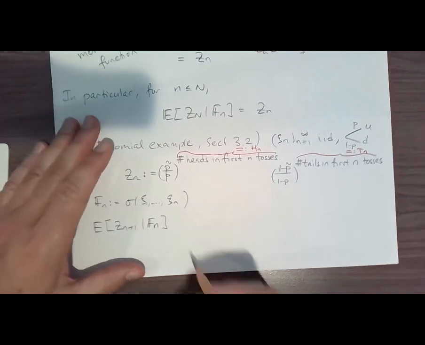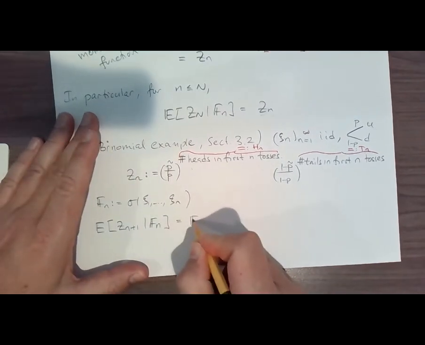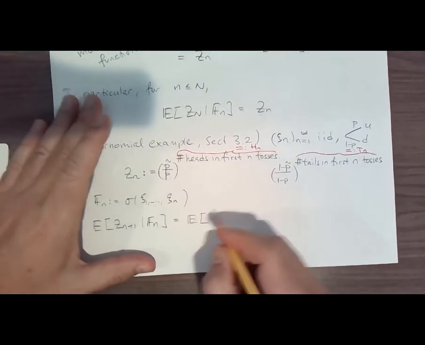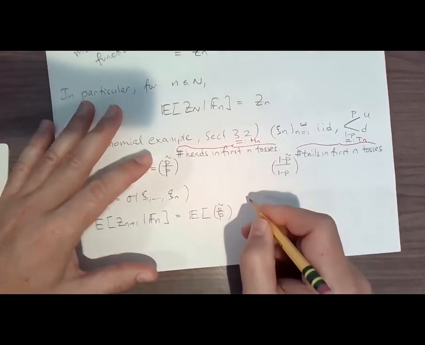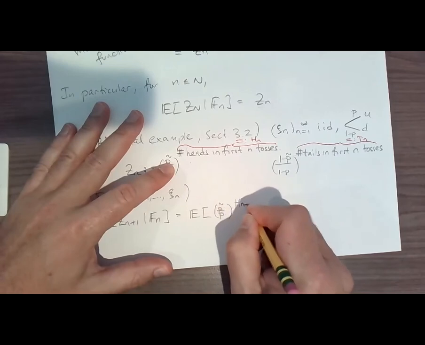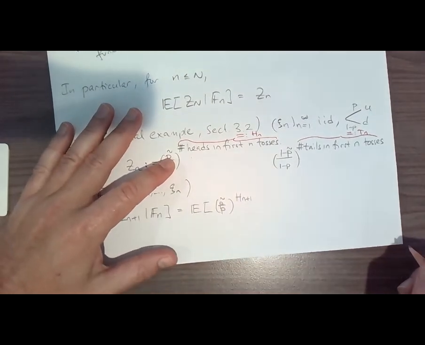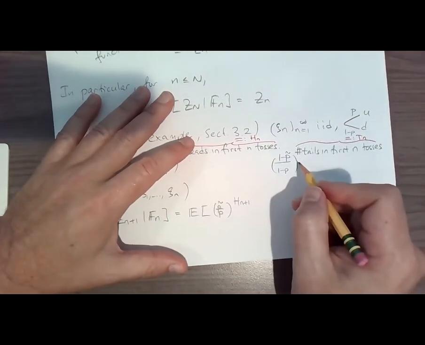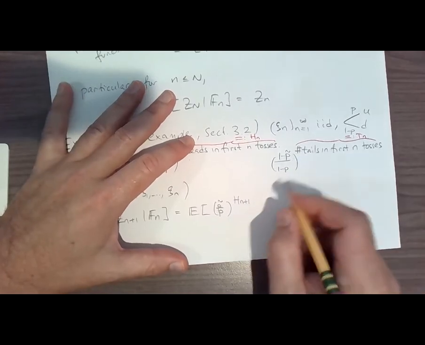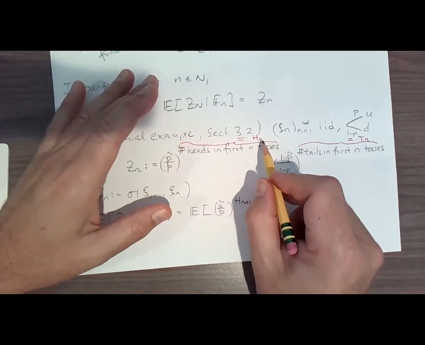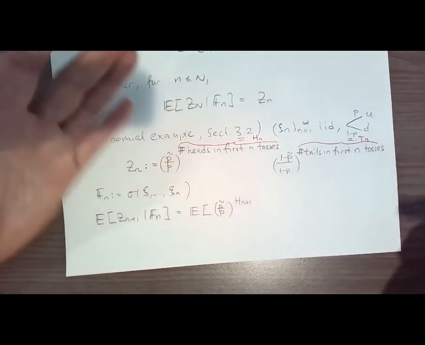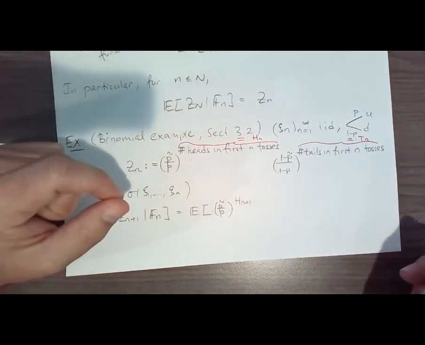What I'll have here is an expectation of Zn plus 1. So this is P tilde divided by P, everything to the power Hn plus 1. And you do the same thing for the other quantity. And of course, when I add them all, I'm just going to get n, right? Hn plus Tn will just be the number of heads plus the number of tails.